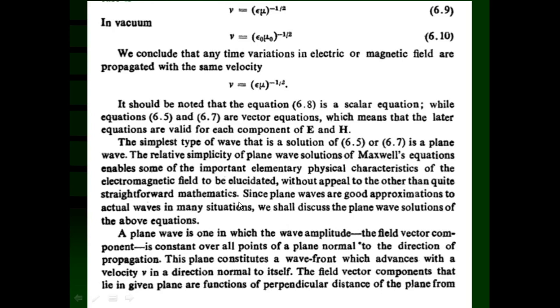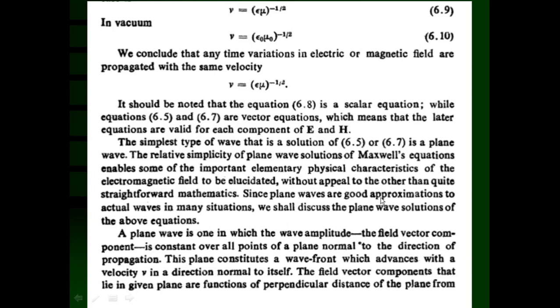That means using straightforward mathematics only, we can find many basic elementary physical characteristics of the electromagnetic field using the plane wave concept, because plane wave solutions are simple, and then we can generalize to the general waves.